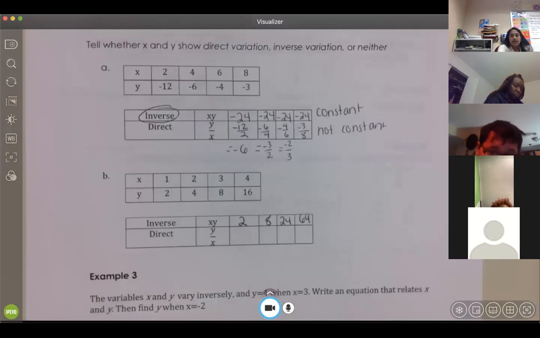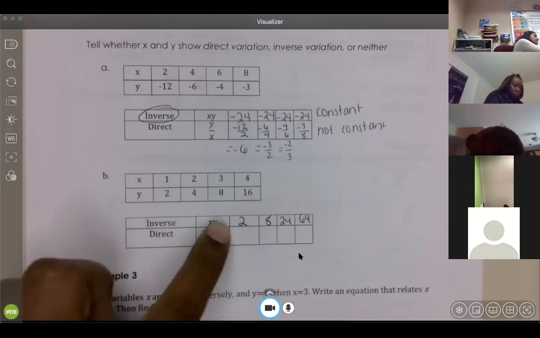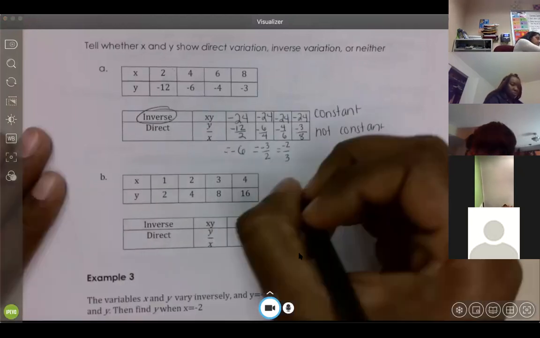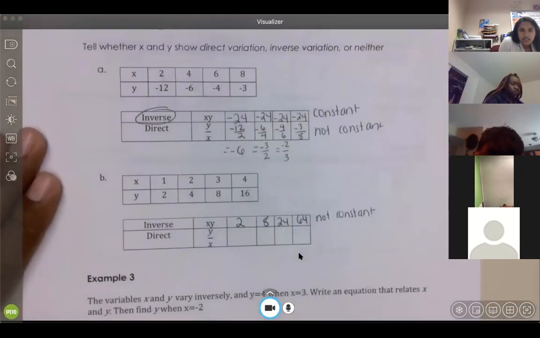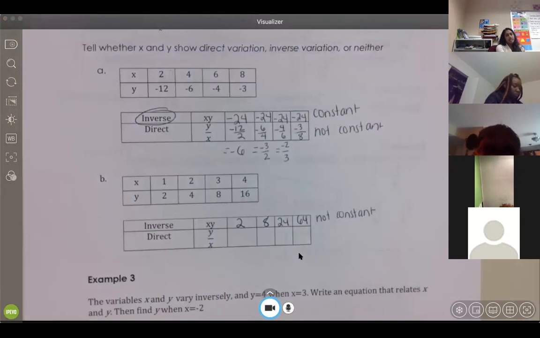If things are constant, they're the same number when you multiply. They're not, so it's not constant. So we know that it can't be inverse because it's not constant when you multiply.